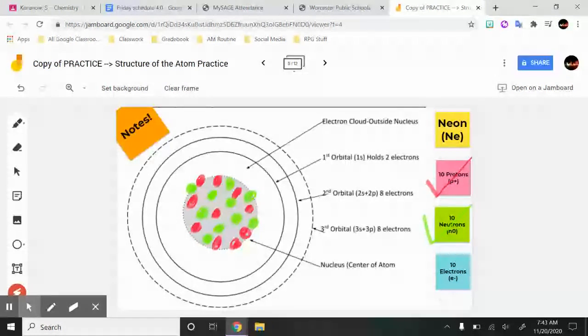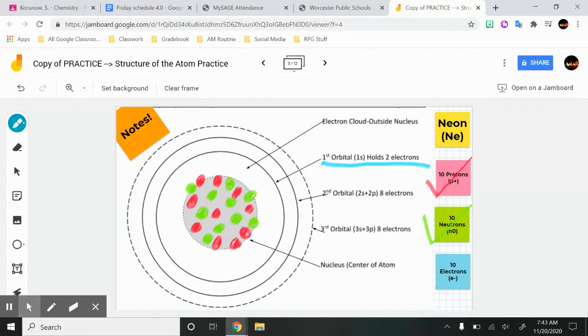Now, where it gets a little more tricky is when we put the electrons in the electron cloud. So our electrons do not go in the nucleus. They go on the rings, the orbitals, outside the nucleus. Okay? So we always put the first 2 electrons together on the first orbital.